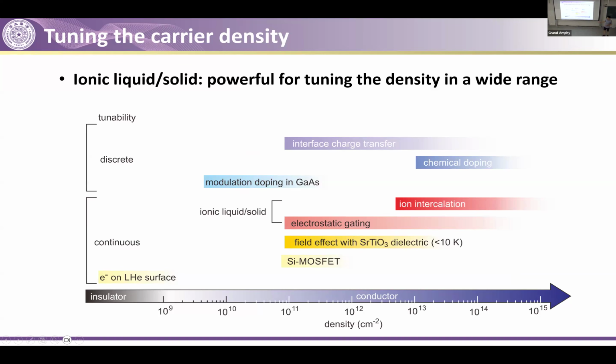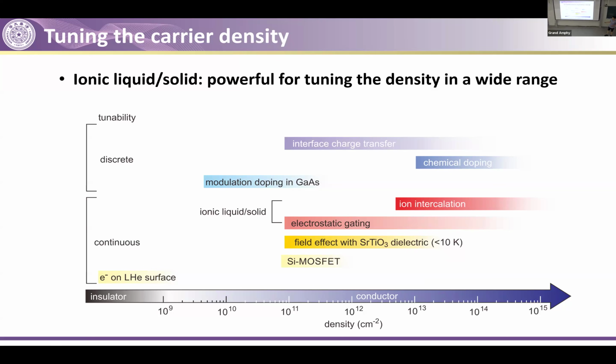For continuous tuning, which could be more convenient for studying the physics of the system, there is, for example, the electric field effect, but this is limited by electric breakdown. So the maximum range could be around 10 to the 14 per square centimeter.